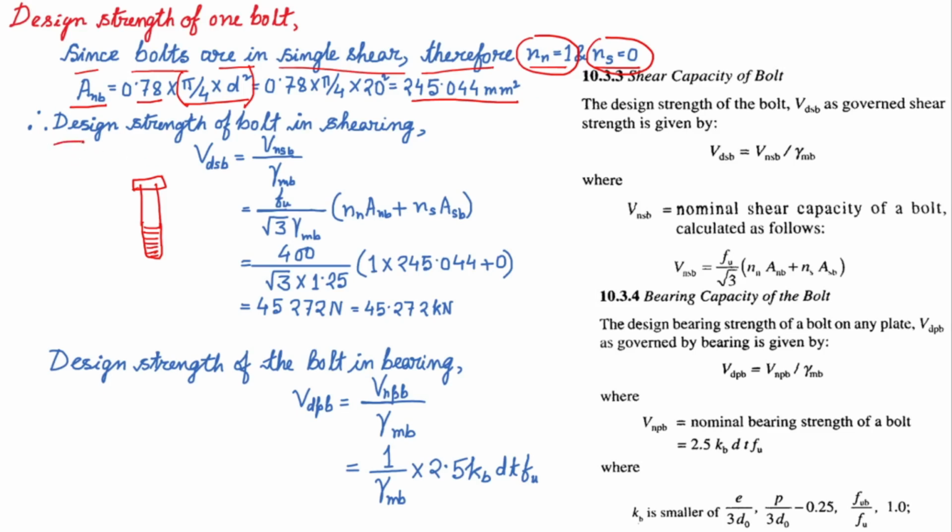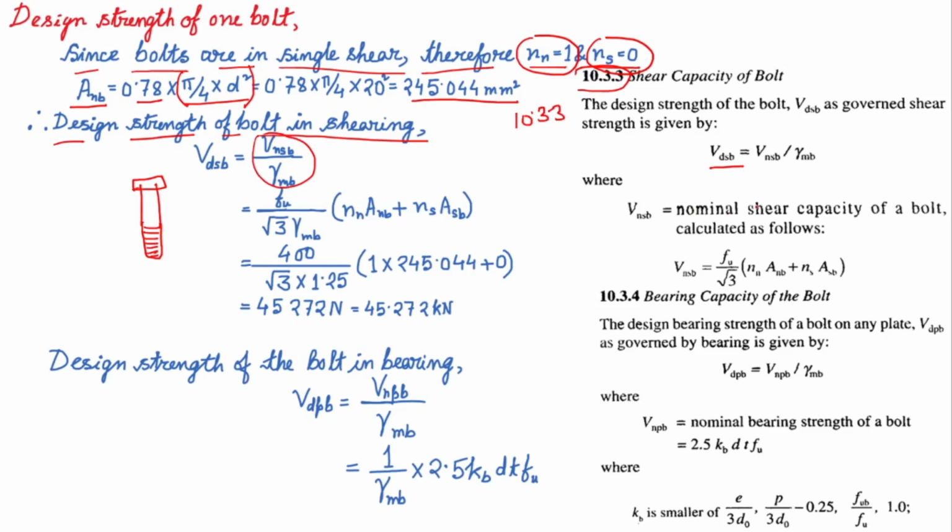Next, design strength of bolt in shearing. If you follow clause number 10.3.3, this is the design strength of the bolt for shearing, Vnsb by gamma mb. So this is the formula I have written.